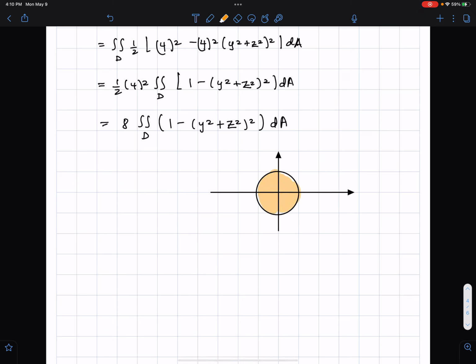But anyway, here I have D, and D is, as we see, a unit disk. I'm going to use polar coordinates. Of course I'm going to. Theta is between 0 and 2 pi, and r is between 0 and 1. I mean, it would be sort of madness not to use polar coordinates.